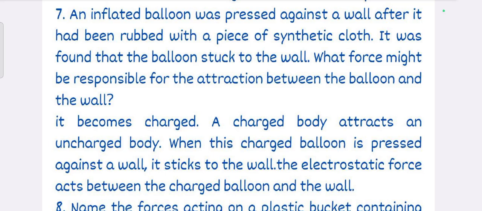It was found that the balloon stuck to the wall. What force might be responsible for the attraction between the balloon and the wall?